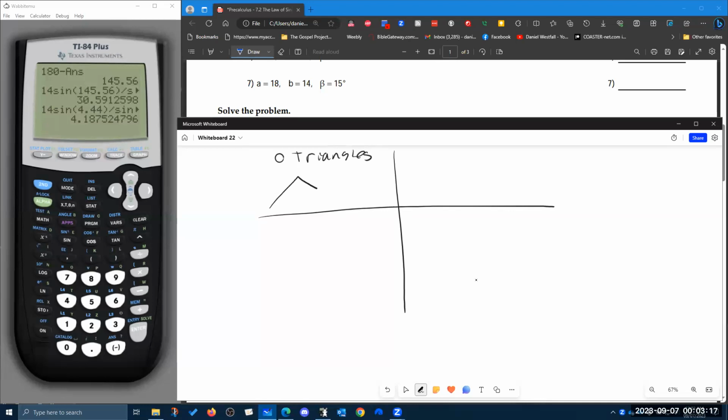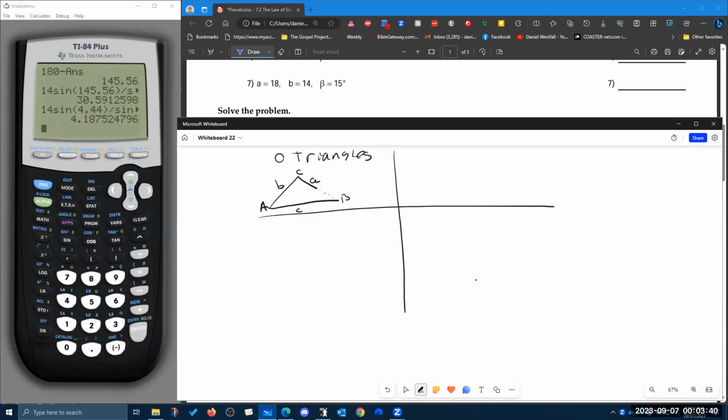When I call that given angle A with the side across from it A, and I'm going to call this side B over here, and this side down here C, that angle C. And if there had been an angle B here, it would be down there.